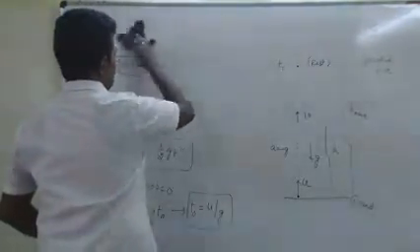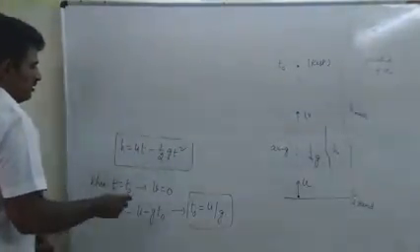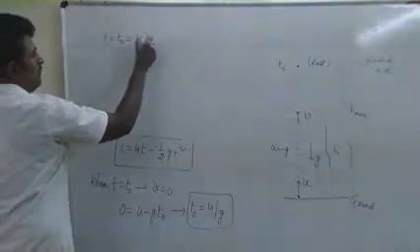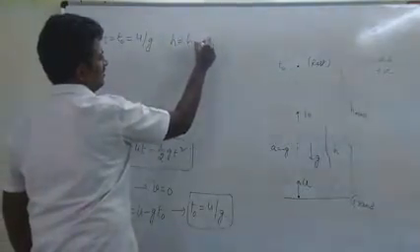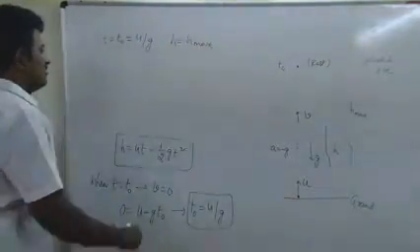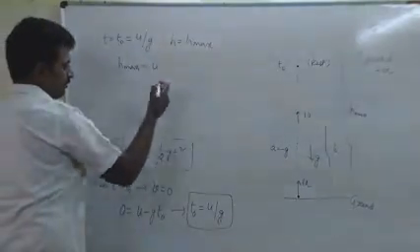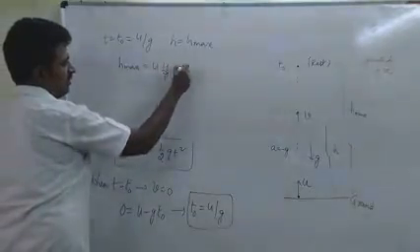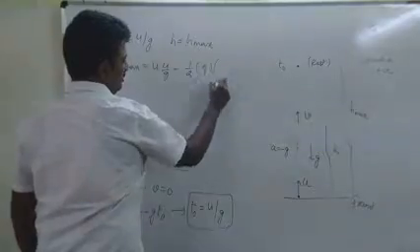Again, I will make use of this equation. When t equal to t naught equal to u by g, h will be equal to h max. Isn't it? This implies h max will be equal to u into, in place of t, I have to put u by g, minus half g into t square.